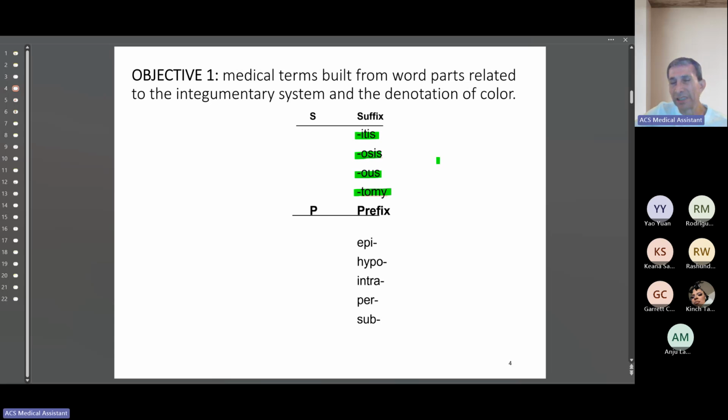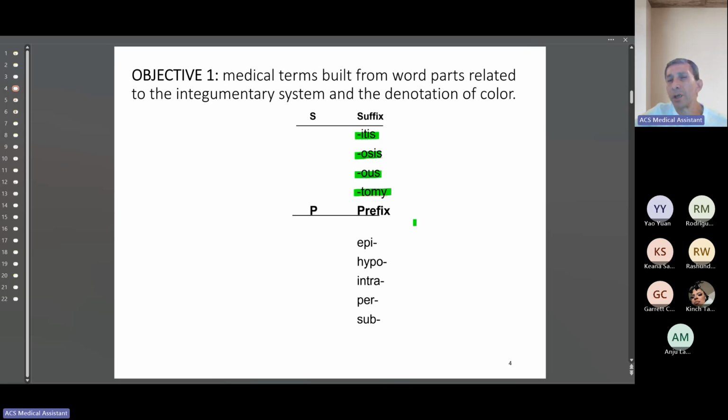For now, I'm giving you definitions of each one of the parts individually. So we have itis, inflammation, osis, abnormal condition, ous, pertaining to, and tomy, it is an incision. Incision is when we cut through something, an organ, skin, a bone. That's called an incision.